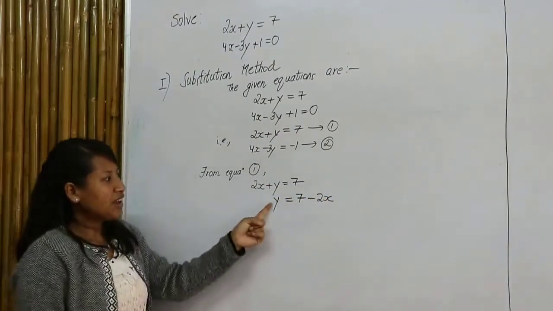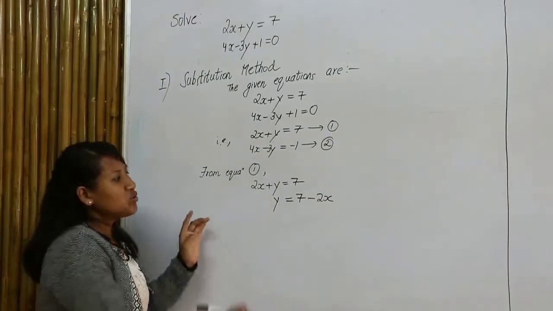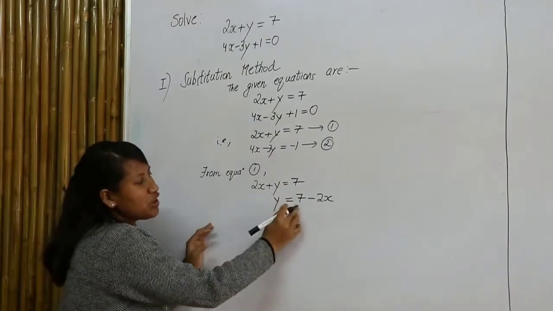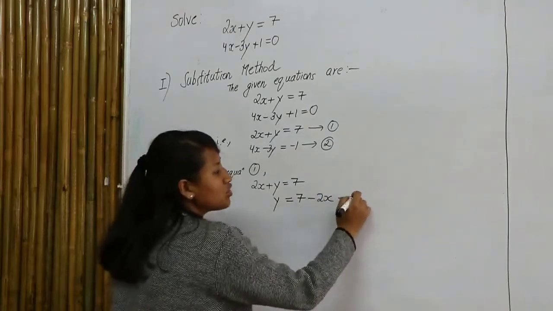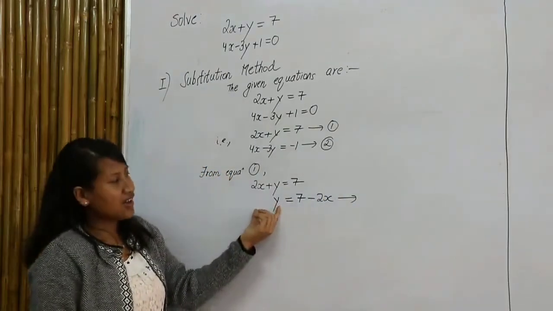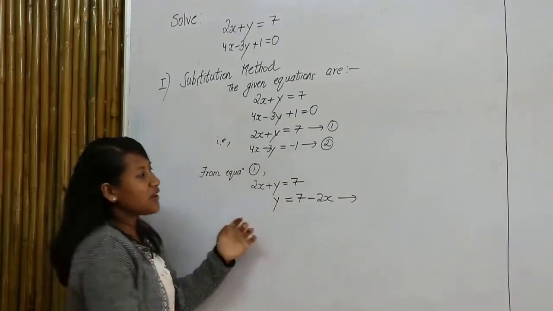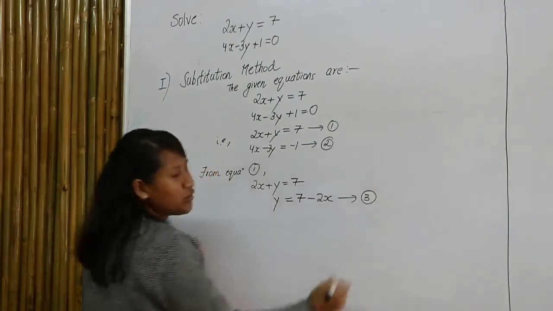Since the number in front of y is 1, you can leave it like that. Suppose it is 2, then you have to divide both sides by 2, to make sure the coefficient of y is 1. So this one is equation 3.